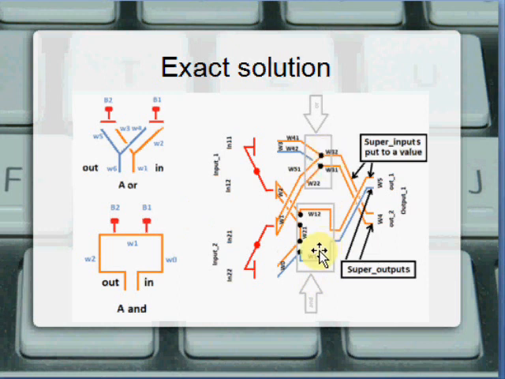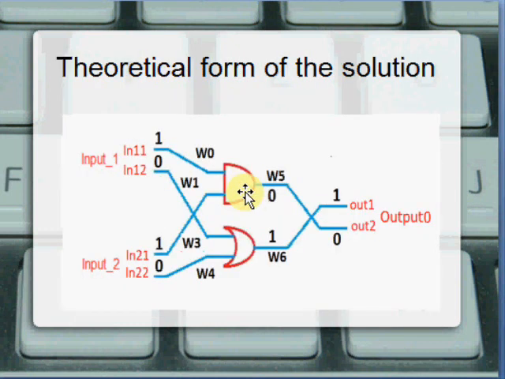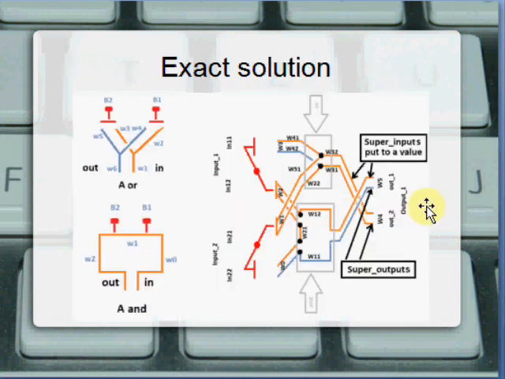Okay, so this is an OR and this is an AND, and within what we just presented here, you can see that this is an AND, this is an OR, and that's exactly what we're doing. So this is sending a signal that may get back or may not get back.